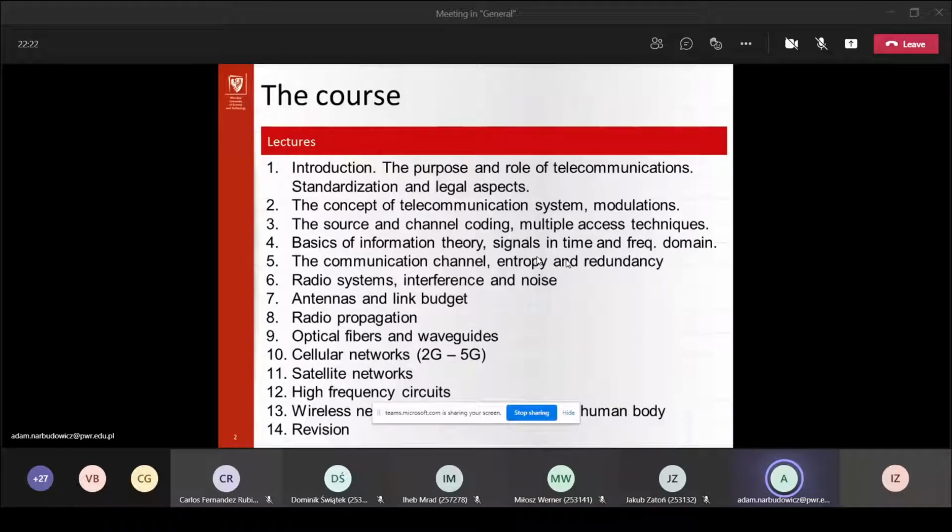Lecture 8, we move more to the optical fibers and waveguides. I hope, well, I believe you all know what optical fiber is. They are quite popular these days. Waveguides are a pretty similar concept, however, at lower frequencies.